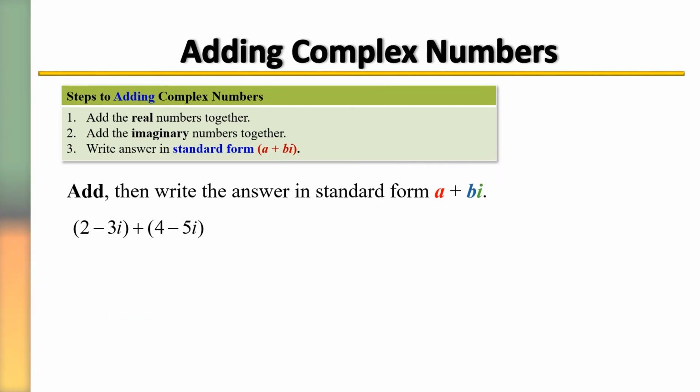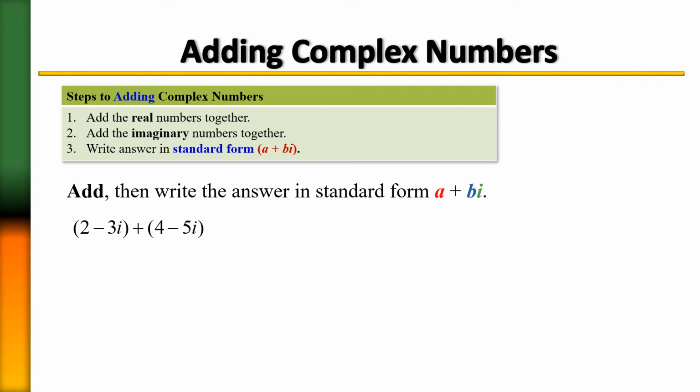Let's do another example. We want to add these complex numbers. Recall, you're going to add the real numbers together and then add the imaginary numbers together, and then lastly, write your answer in standard form. For the real part, I'm combining a positive 2 with a positive 4. That's going to give me positive 6.